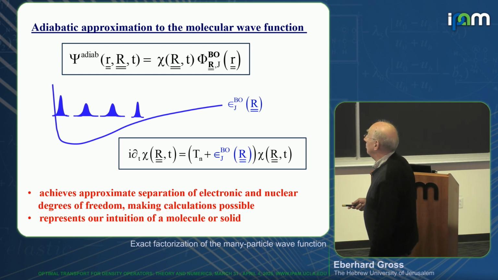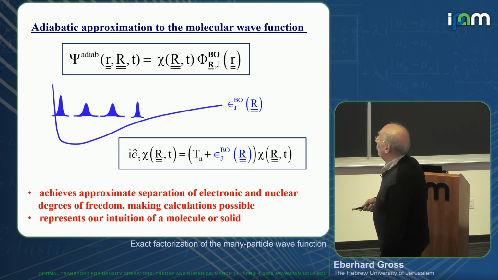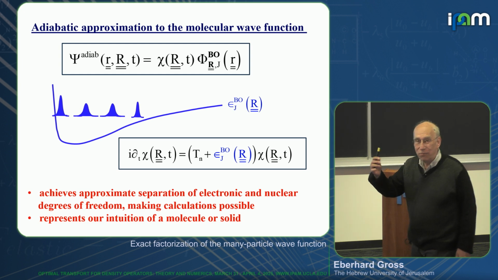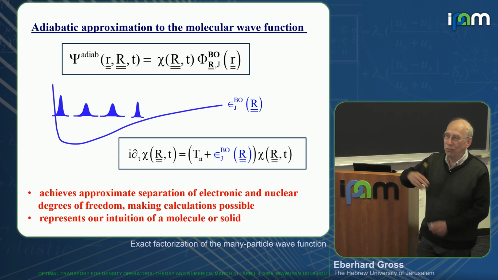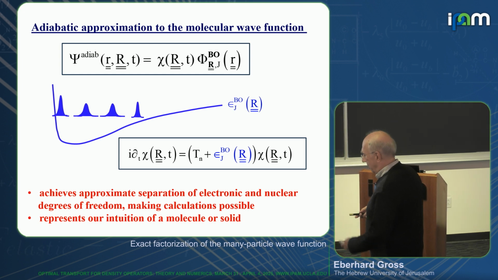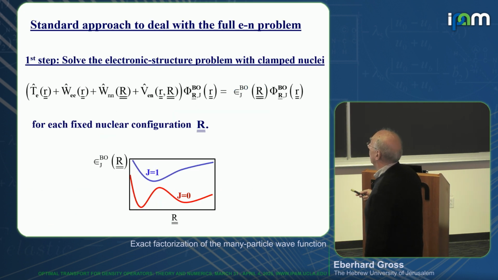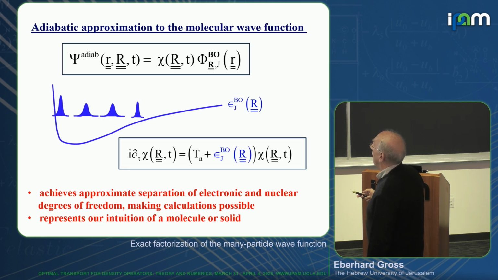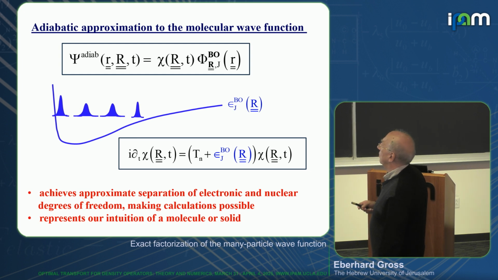Right? And you see immediately why this is useful, because it achieves a separation of the 2 types of degrees of freedom. Right? We have, on one hand, an equation for the electronic degrees of freedom at fixed nuclear positions, and then we have another equation for the nuclear degrees of freedom.